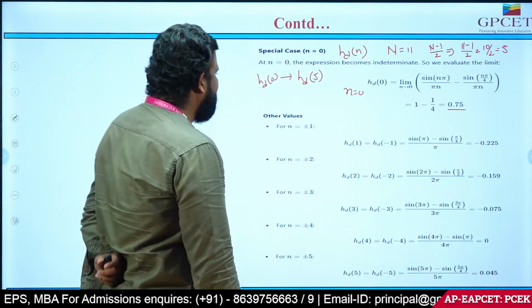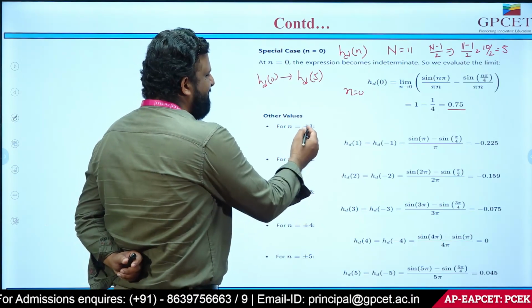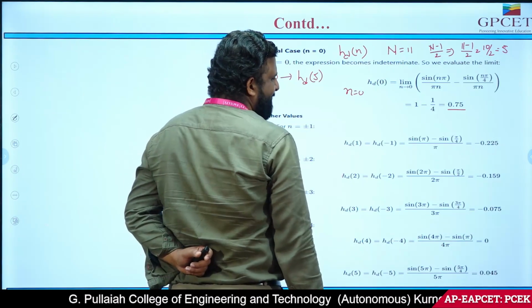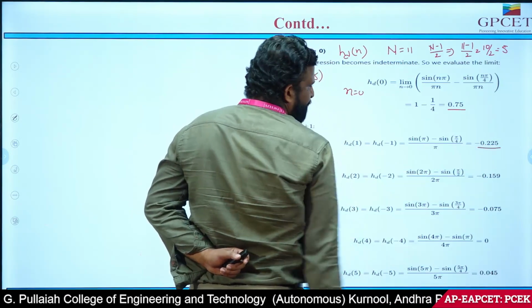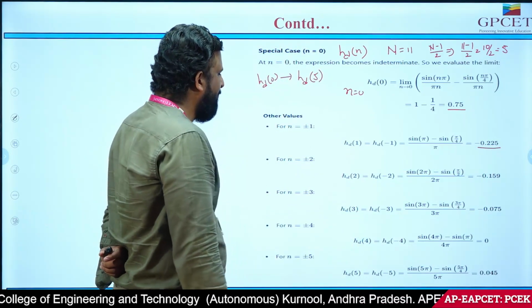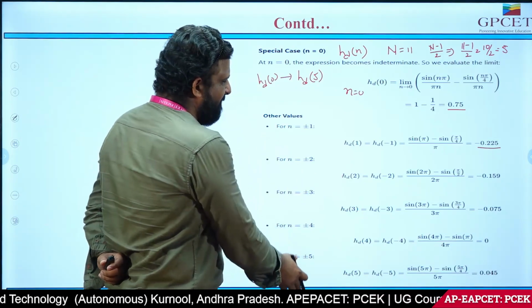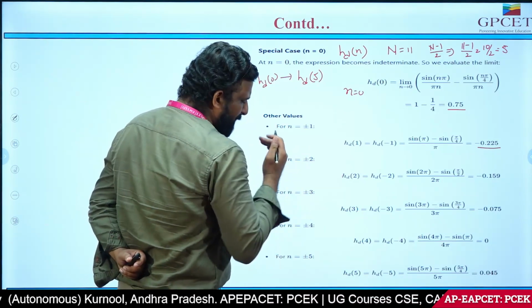Later, from the next value onward, for n equal to plus or minus 1, by substituting n equal to 1 or minus 1, we are going to find the value. Similarly for n equal to plus or minus 2, plus or minus 3, plus or minus 4, plus or minus 5, because of the symmetrical values.